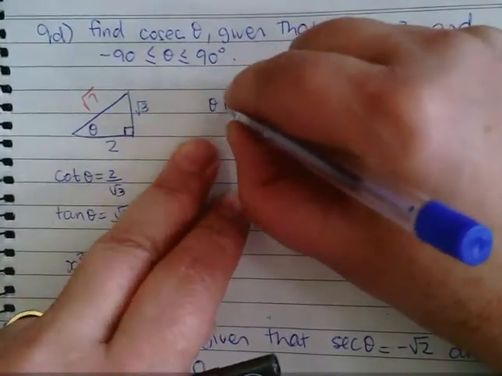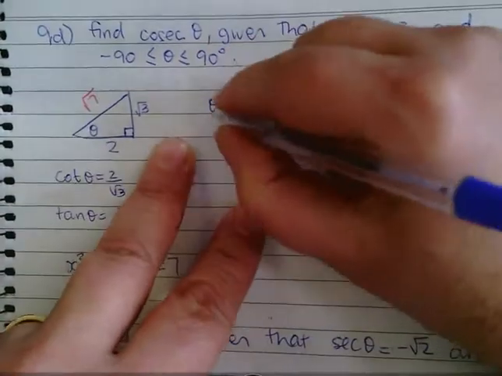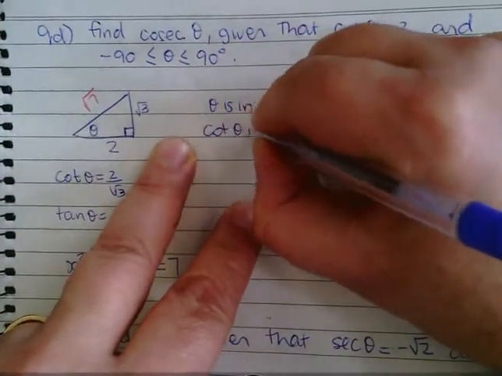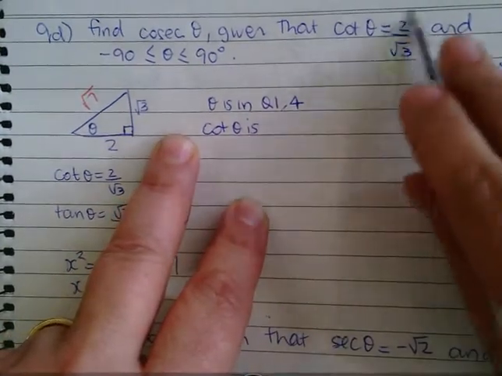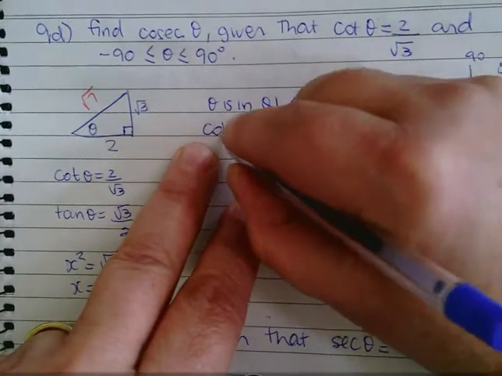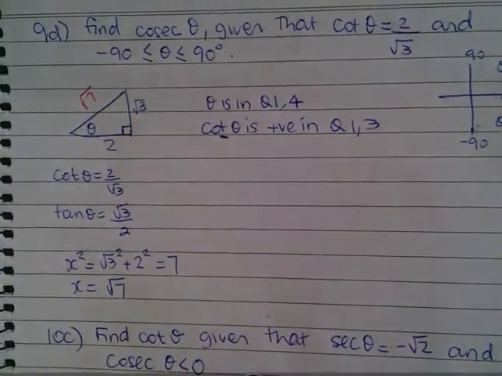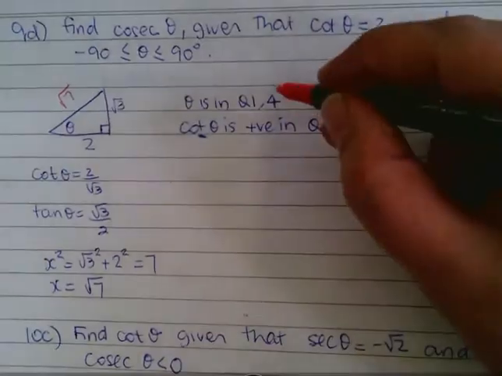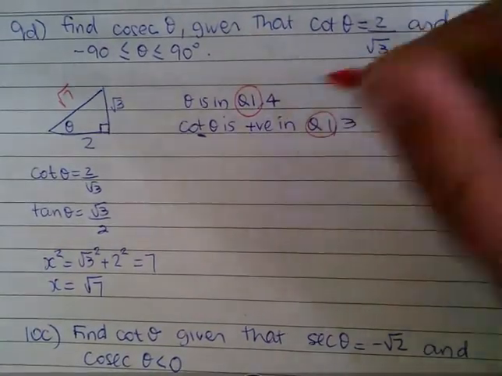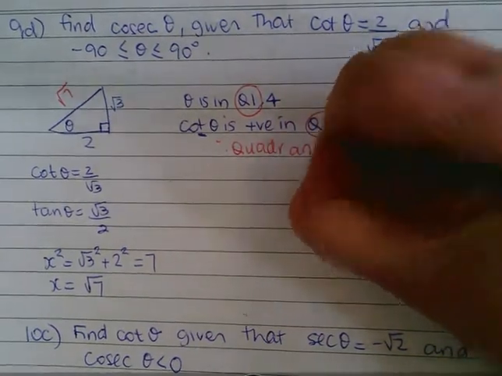So theta is in quadrants 1 and 4, but look at cot theta. Cot theta is positive or negative? Positive in quadrants, underline the T, 1 and 3. Which quadrant are we in? We're in 1, because the common one is 1. Therefore, you are in quadrant 1.